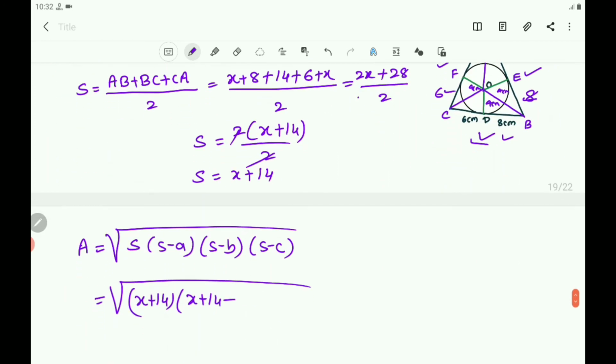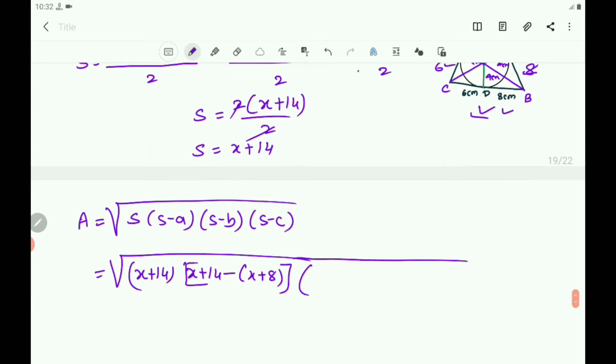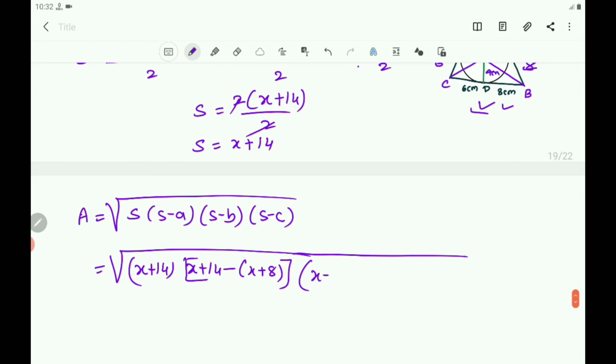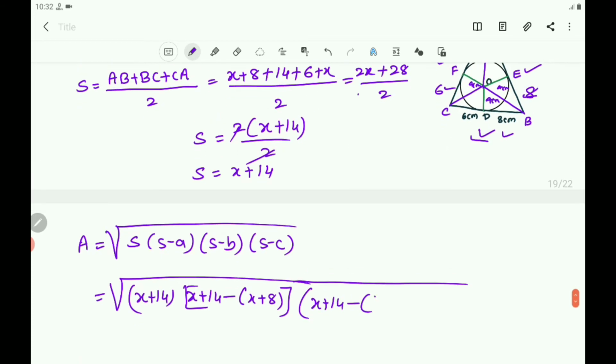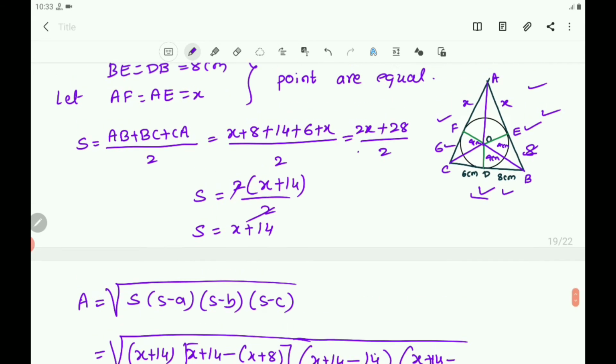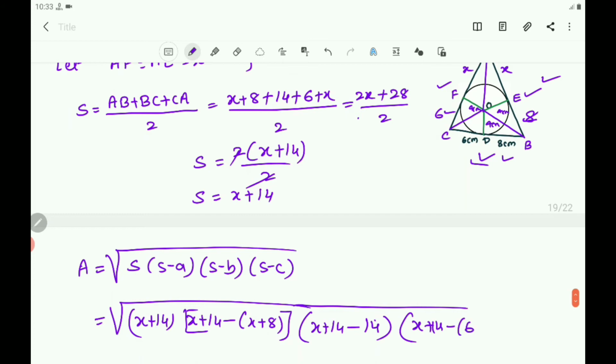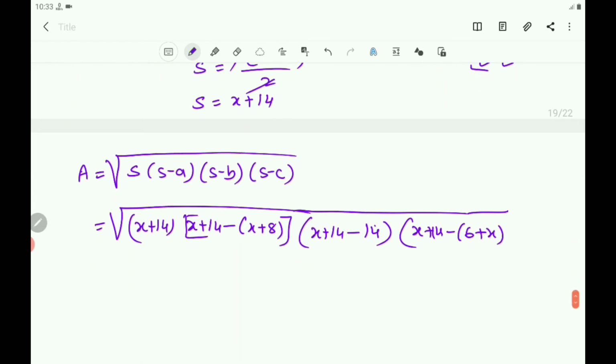AB is X plus 8, you write X plus 8, then S minus B. S is X plus 14 minus B, the second side, that is 6 plus 8, 14, you write X plus 14 minus 14, then S minus C, that is X plus 14 minus C, the third side, 6 plus X.